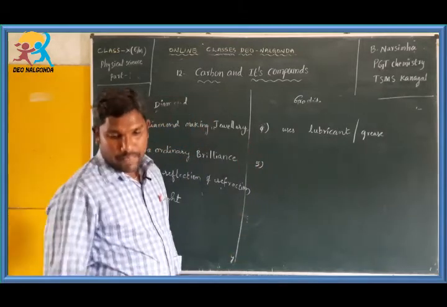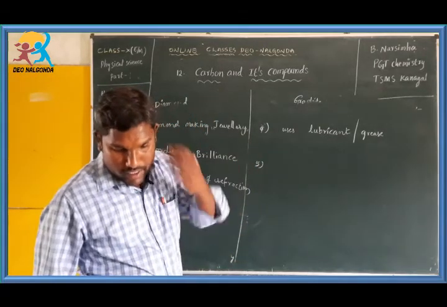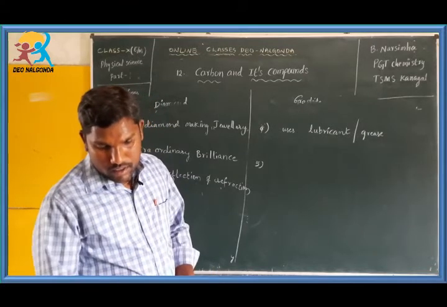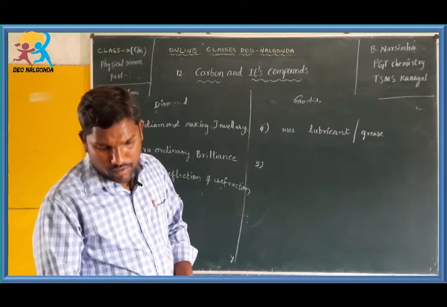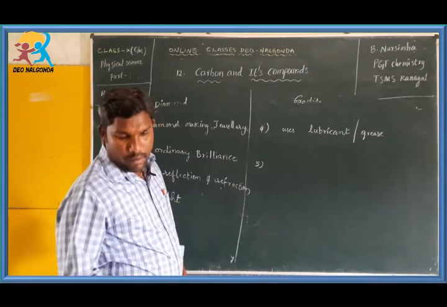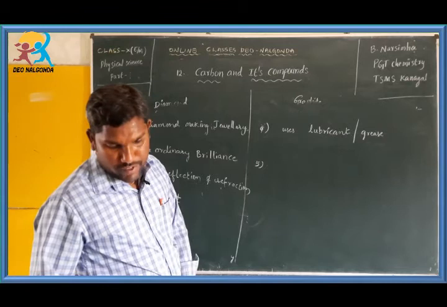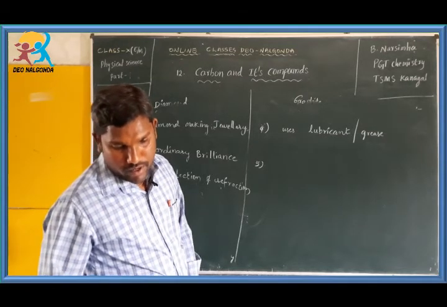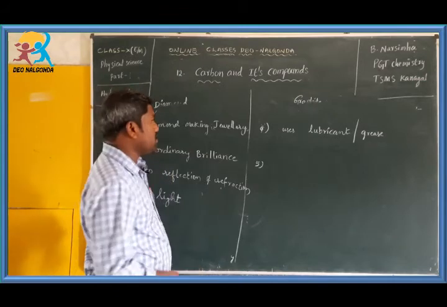Fifth point goes to graphite, which can be used as a dry lubricant, non-volatile. Graphite powder is mixed with petroleum jelly to form graphite grease, used as a lubricant for moving parts of machinery.